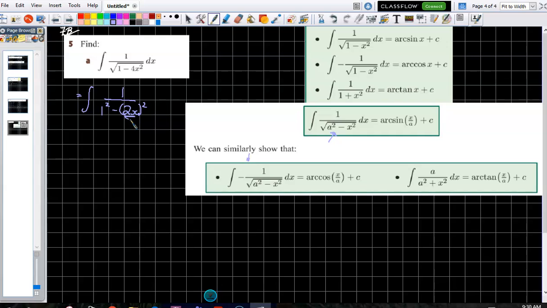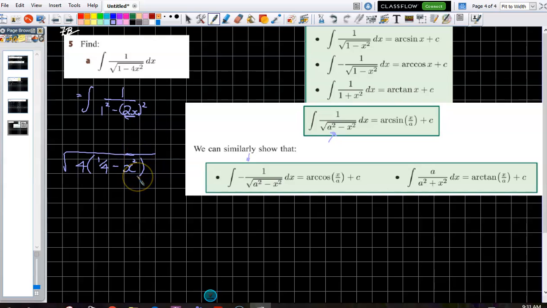What do we have to do? We actually have to pull out this factor of 4. So if I pull out a factor of 4, we've got the whole square root thing there. We'll ignore the fraction for the moment. If I pull out 4, what goes in my bracket? Aha, a quarter minus x squared.